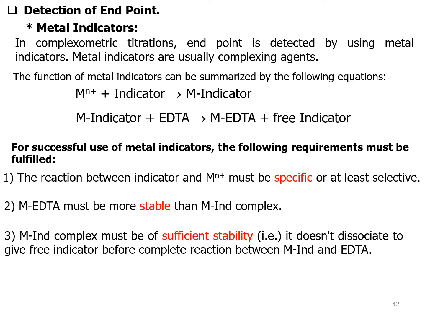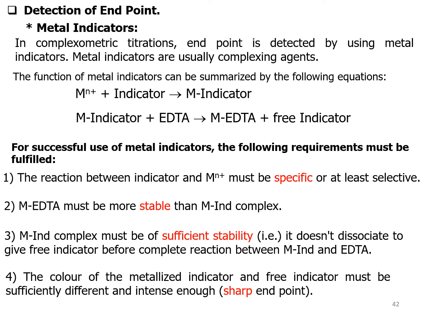Number 1. Reaction between indicator and the central metal ion must be specific, or at least selective. Number 2. Central metal ion EDTA complex must be more stable than metal indicator complex. Number 3. Metal indicator complex must be of sufficient stability. That means it shouldn't dissociate to give free indicator before complete reaction between the metal indicator and the EDTA.